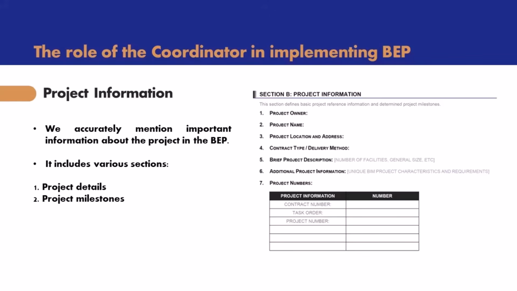As you can see in this picture, it is about project details. It is talking about project owner or project name, project location and address, and etc. Well, there is a table in BEP that we bring in the project detail section.